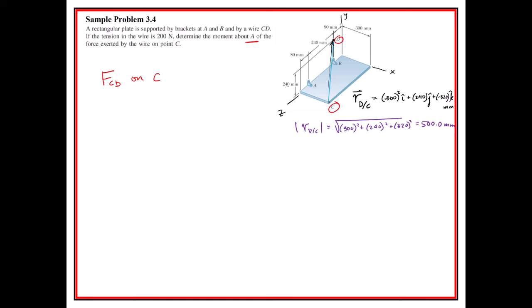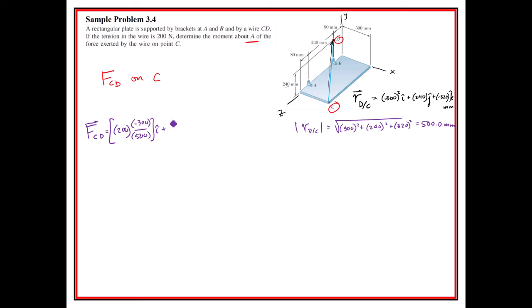So if we want FCD, the magnitude of the force is 200. We take negative 300 divided by 500, and that's i.